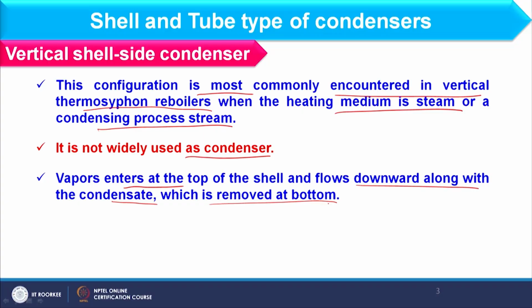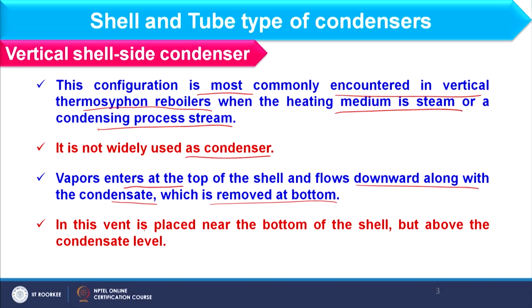So, at the bottom condensate is accumulated and it will block the movement of vapor from the bottom. Therefore, vapor enters from the top and as condensate proceeds the liquid as well as vapor both will move downward, because when vapor is entering from the top vapor does not have any further space to move upward. So, definitely it will move downward with the condensate and condensate can be removed from the bottom.